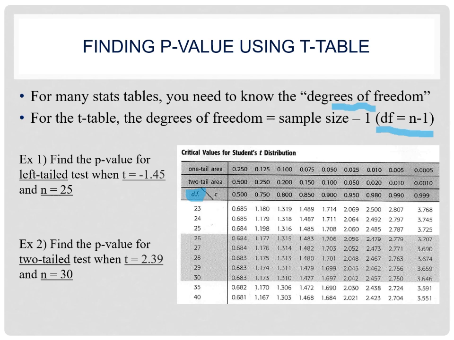Okay. So the idea behind using these tables to determine your p-value. To find the p-value for a left tail test, when the test statistic is the following and sample size is 25. Now this is all information that you would have before you get to the point of a p-value. You would know if you're doing left tail, right tail, or two, because that would be in your hypothesis.